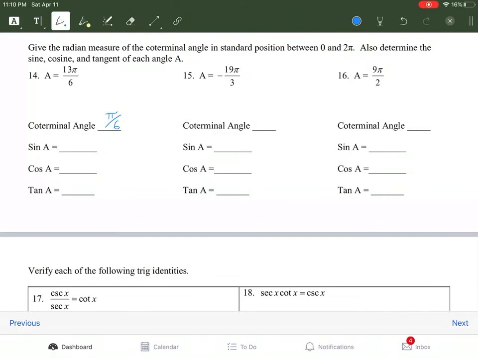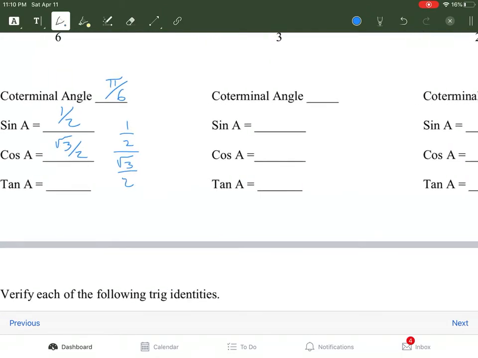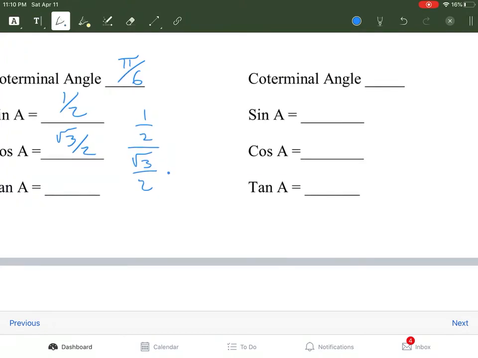Now for the rest of this, we find the sine, cosine, and tangent of pi over 6. So the sine is 1/2. The cosine is root 3 over 2. And the tangent is 1/2 divided by root 3 over 2. So if we have 1/2 divided by the square root of 3 over 2, we want to multiply by the reciprocal of the denominator.